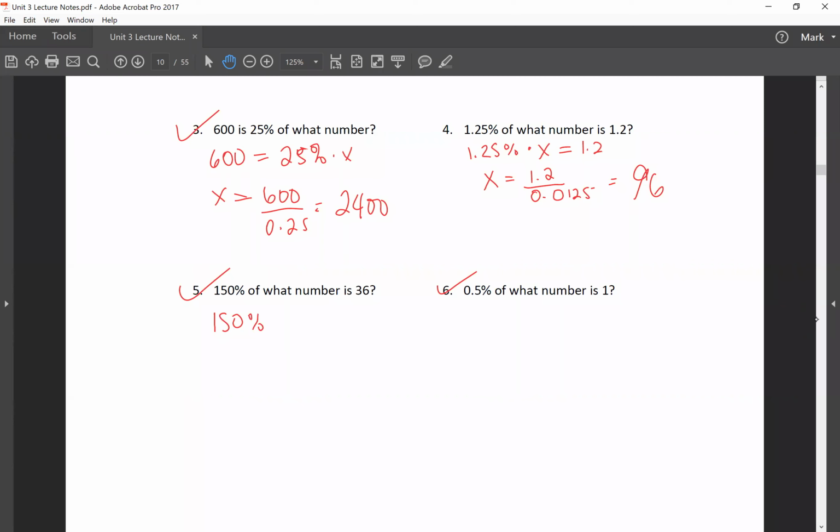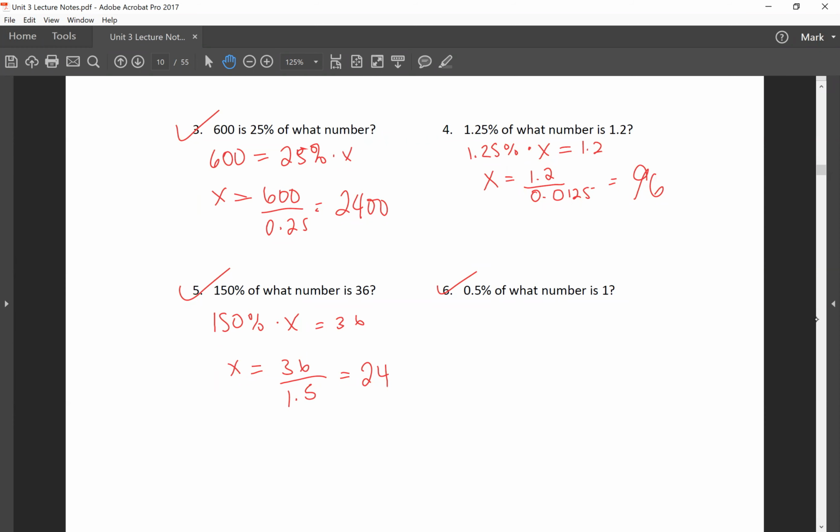150% of what number is 36? So this would be 36 over 1.5. Just for the student who came in late, and just for anybody a little confused, if I'm not hearing much, I mean, I know it's early, but if anybody's having problems with this, or maybe you're wondering, where did the 1.5 come from?